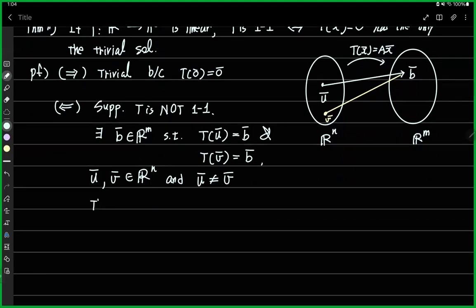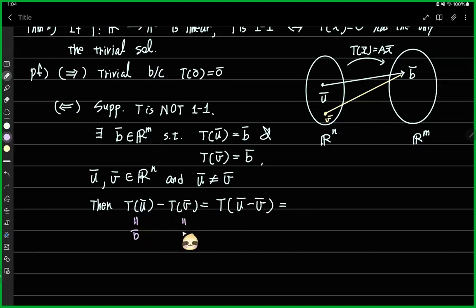Then what? T of vector U minus T of vector V is equal to, because T is a linear transformation, so it satisfies linearity, which means that we can combine two transformations, T of vector U minus vector V. So what is this? T of U, we assume that this is equal to B, right?